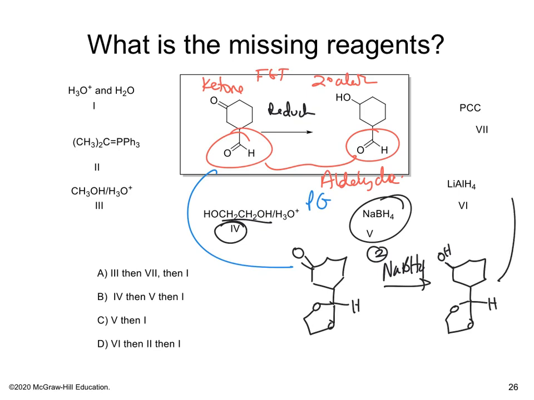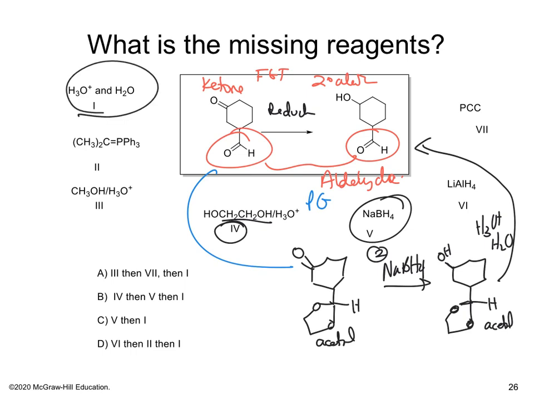So then to go to the product here, you're going to have to hydrolyze this acetal. This is now an acetal. You formed an acetal, and that's acid and water. So where do we have acid and water? Number 1. So then we can go find, here we have 4, then we have 5, and then we have 1. So B is your answer.